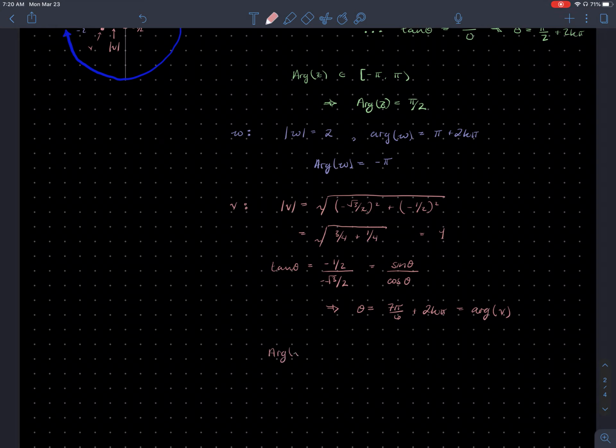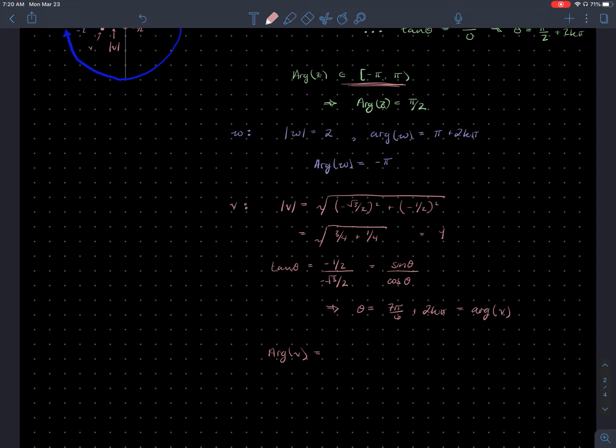And lastly, we need our principal argument of our complex number v. Recall, we just have to be in between negative pi to pi. We're just going to be referring back up to here every single time. Well, 7/6 exceeds that pi rotation, so we need to make sure that we rotate negatively.